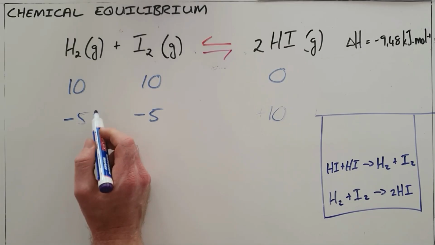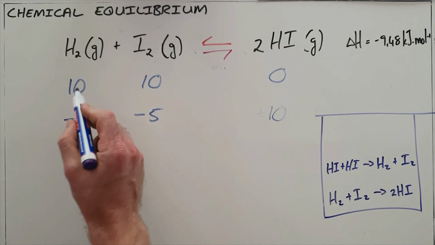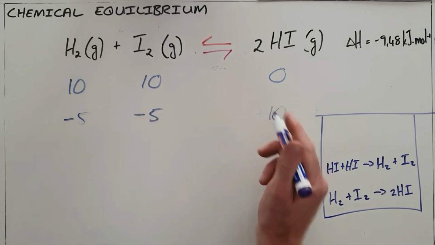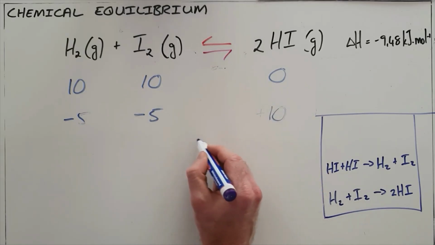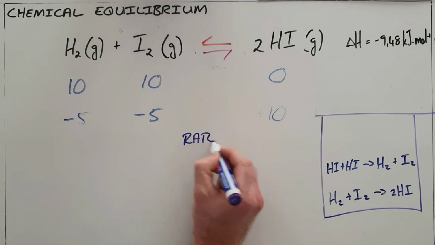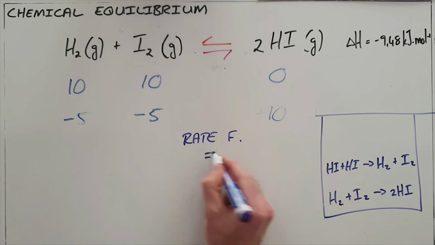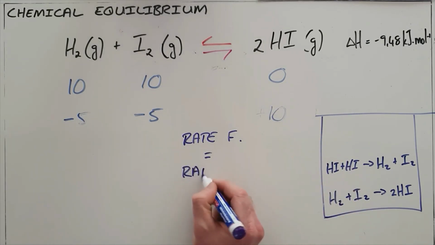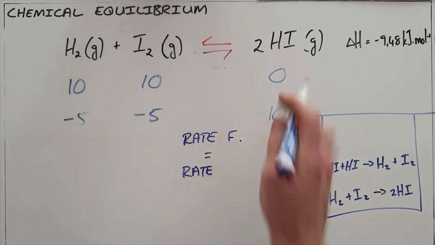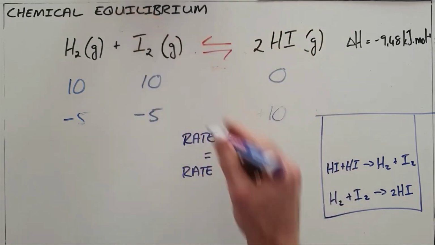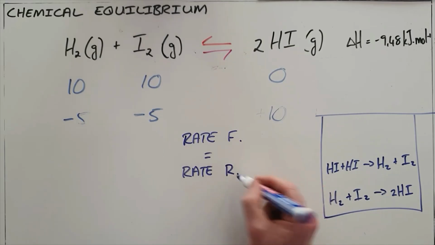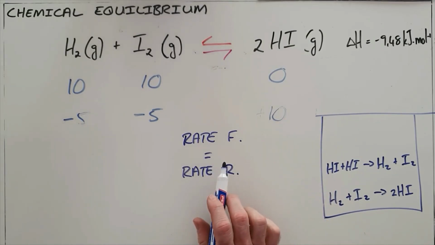And at the point where the same amount of hydrogen and iodine are being converted into hydrogen iodide, we say the rate of the forward reaction is equal to the rate at which the reverse reaction is converting products back into reactants, we say that we have established a chemical equilibrium.